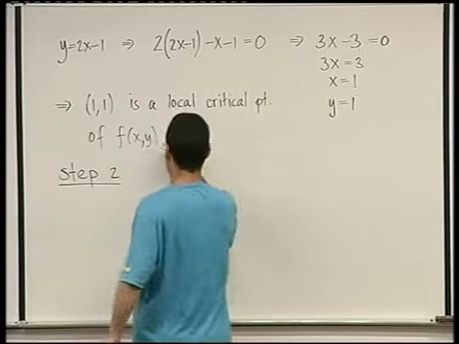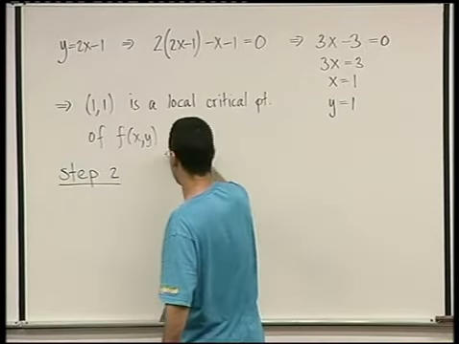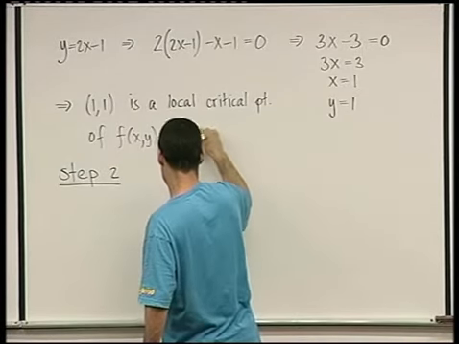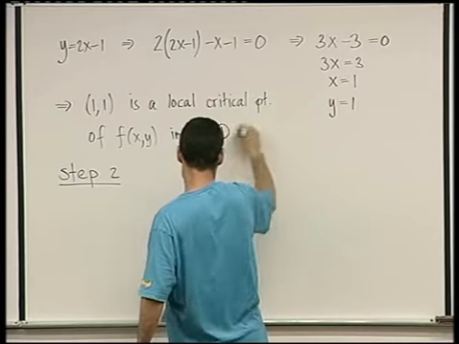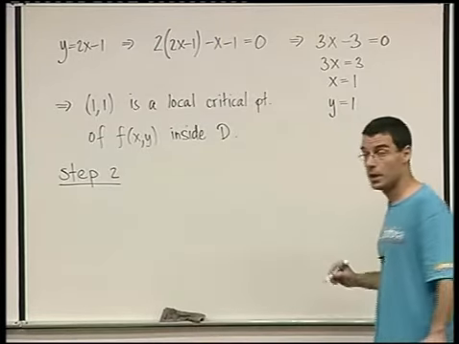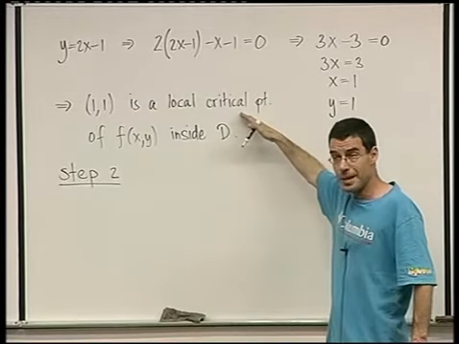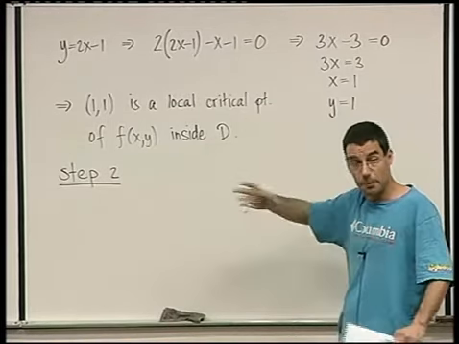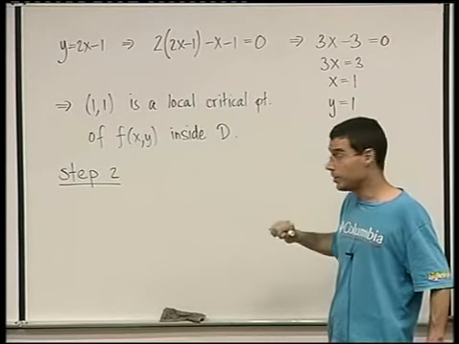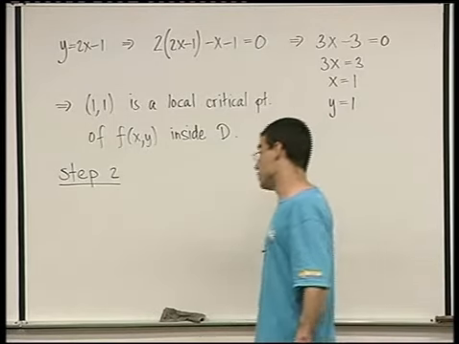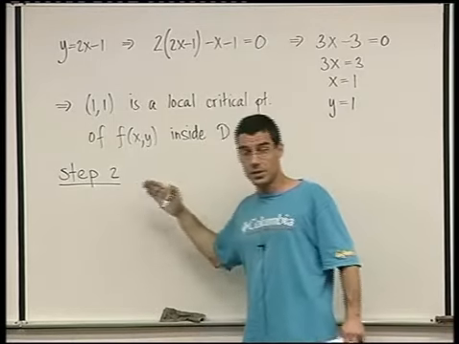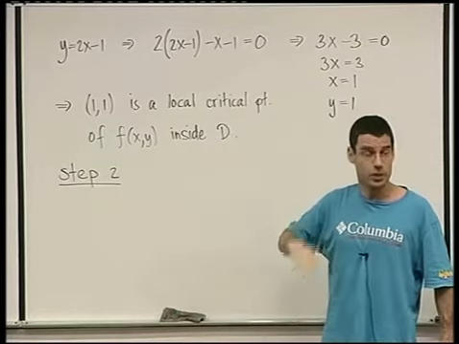So maybe let's write: (1, 1) is a local critical point of f inside D. We just verified that it's indeed inside D, therefore we're interested in it. It doesn't mean yet that it's indeed a minimum or a maximum. We have to classify it, we have to compare it to other values. We'll do that at the end. So step 2 breaks into several partial steps.